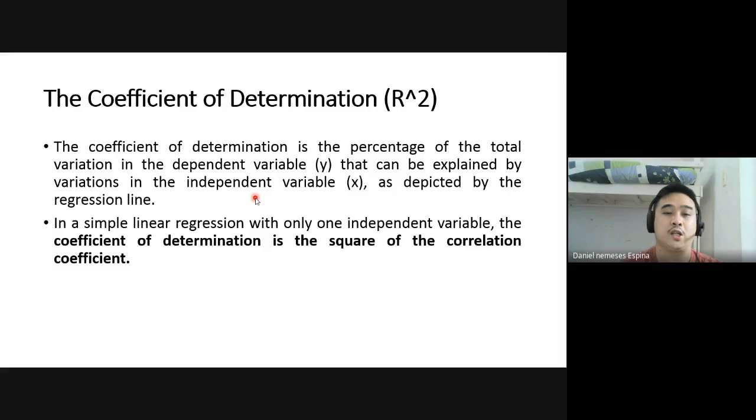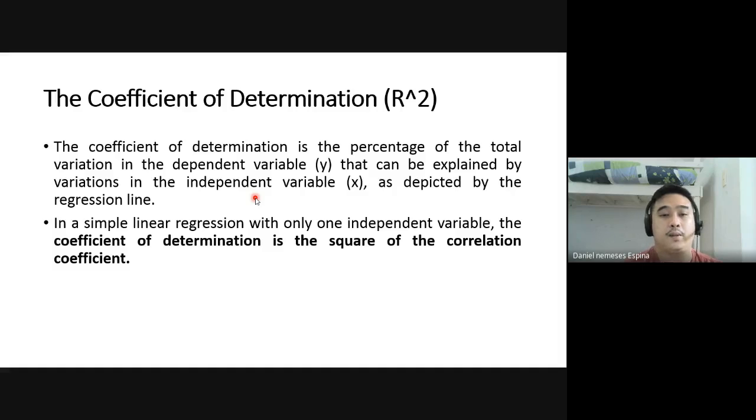So let's say the correlation coefficient is 90%. Okay, so meaning that variable x can explain the variation in y. So the change in the dependent variable is caused by letter x, but only for 90%.